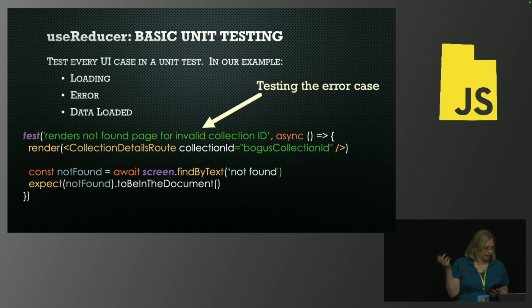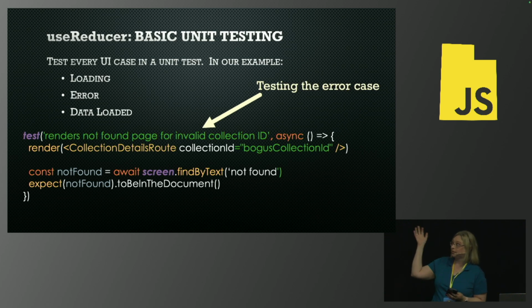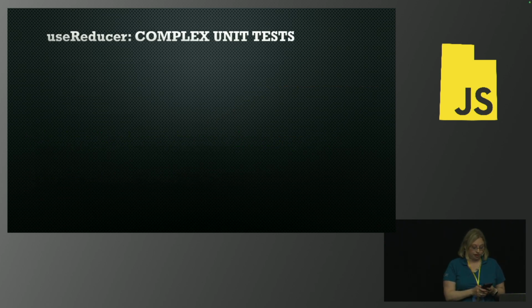So in this case, as we're doing a basic unit test, we have our component and we pass in a collection ID that's bogus. And so we expect to find the not found text in our error component, and we've tested our error case. Super easy.